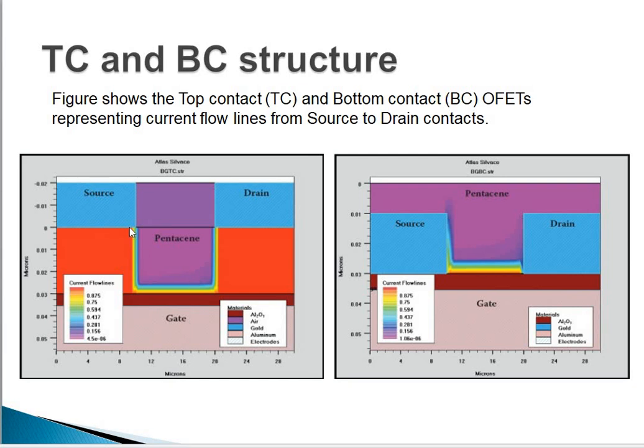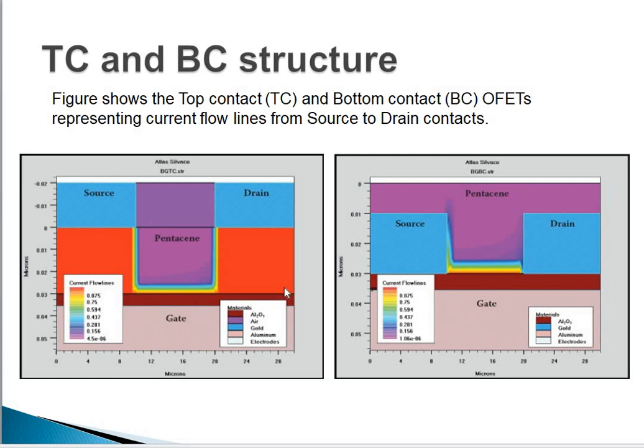You can see in the figure the source and the drain are in the top contact structure, and in this the source and drain are in the bottom of the pentacene organic semiconducting layer. In this structure the drain and the source contacts are on the upper side of the organic pentacene structure layer.